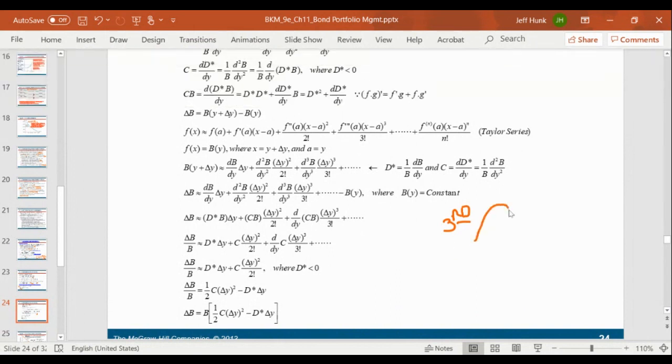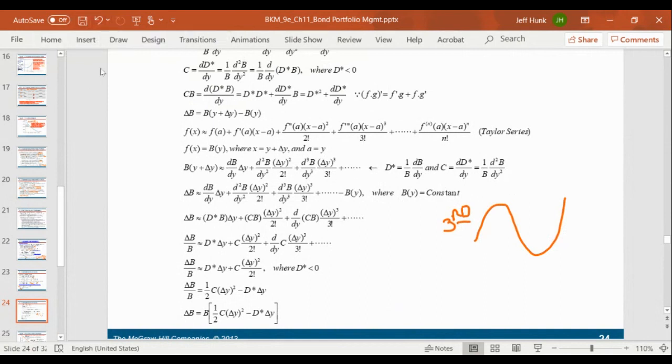Third order is like this. I forgot the name. I'm sorry, that's sinusoidal, sine, cosine. Third order is not like that.